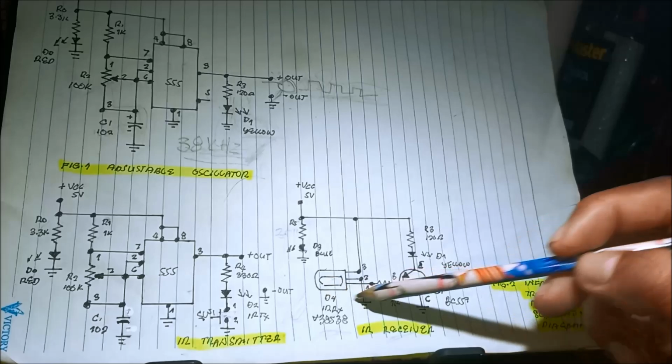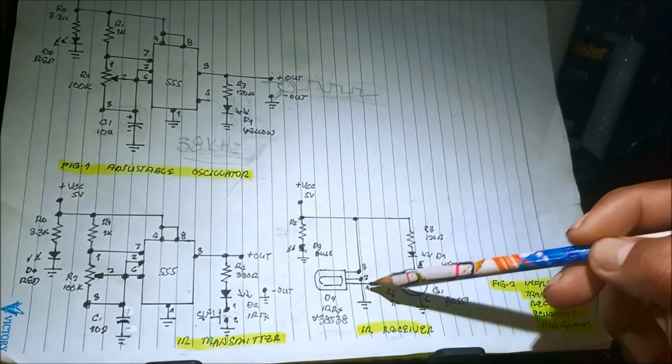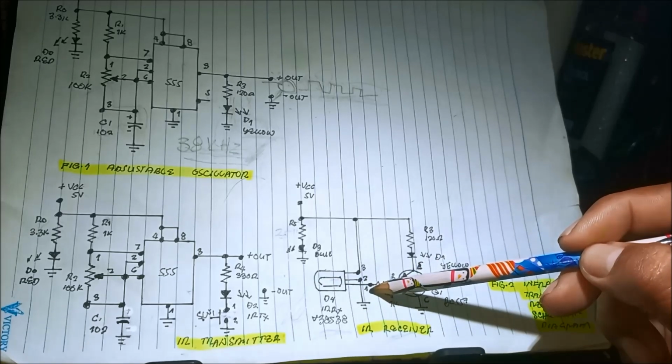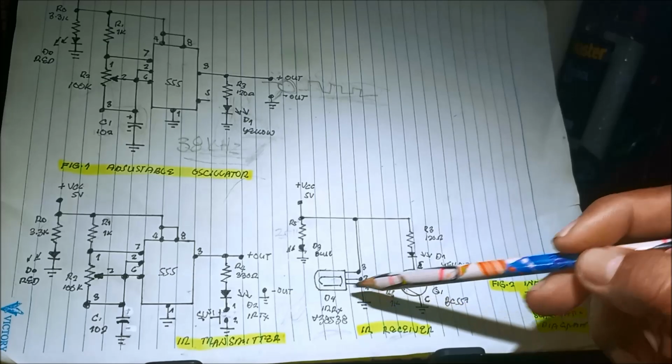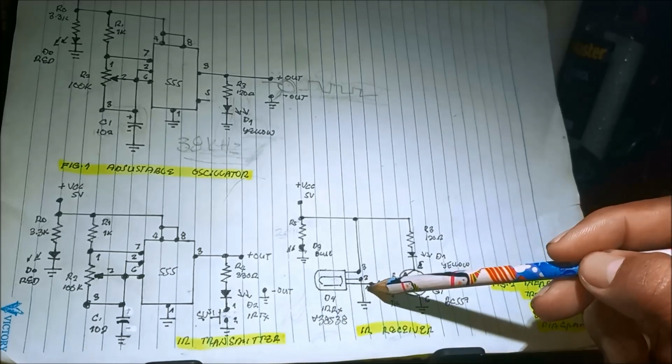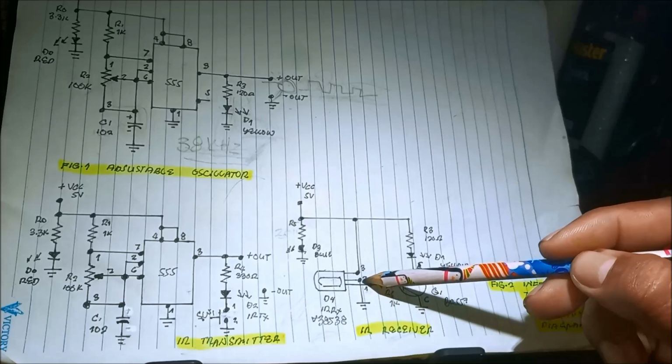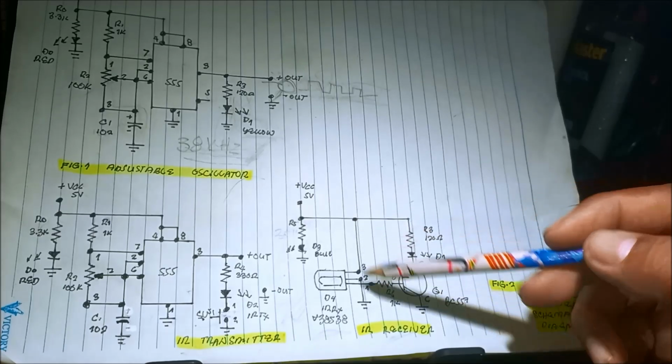And then what happens now to the output side of the sensor? Pin number 1 is the output, pin number 2 ground, pin number 3 is the supply.